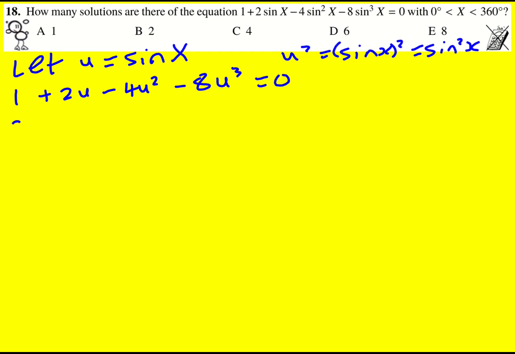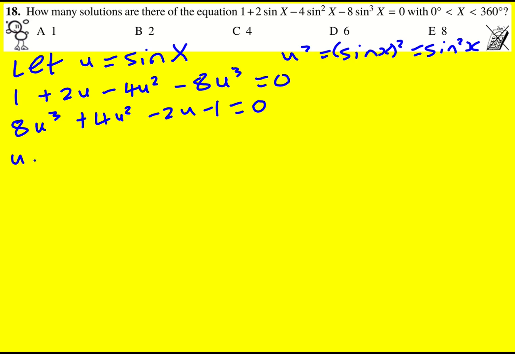Now straight away, I'm going to change all the signs, basically multiply through by minus 1, so 8u cubed plus 4u squared minus 2u minus 1 equals 0. Now, to solve a cubic, methods involve trying to find a value of u that will actually give you 0 on the right-hand side, and you then use the factor theorem.